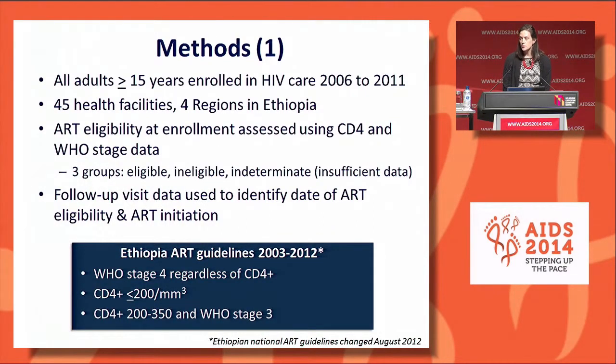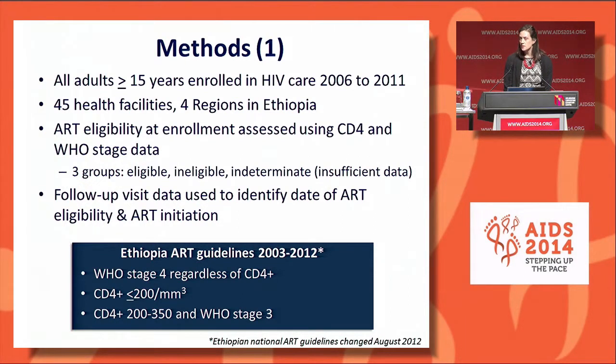In the analysis, we included all adult patients 15 years and older who enrolled in HIV care between 2006 and 2011 at 45 Ethiopian health facilities in 4 regions. All patients were grouped according to their ART eligibility status at enrollment, assessed using CD4 and WHO stage.